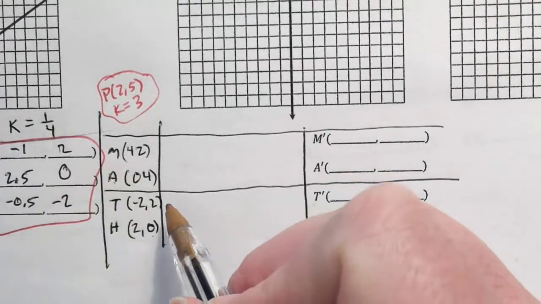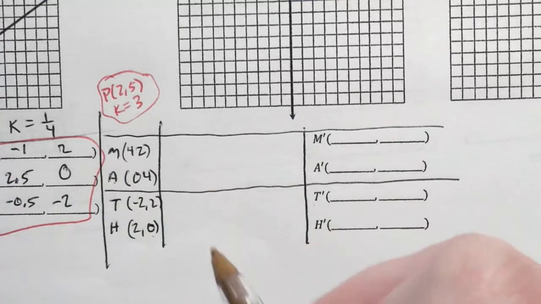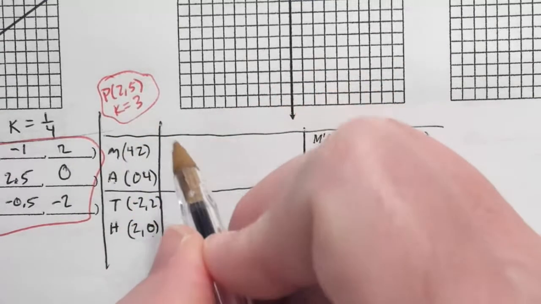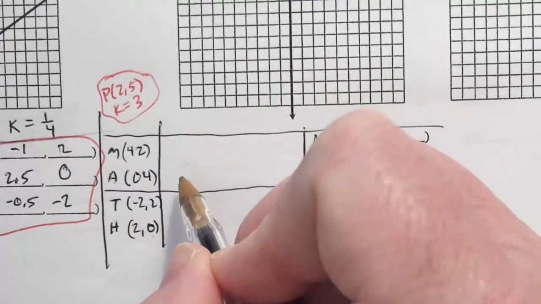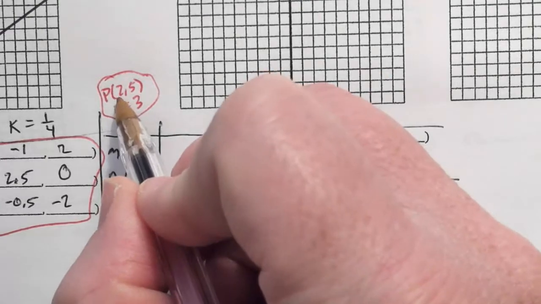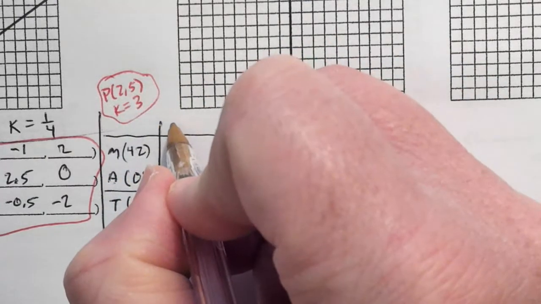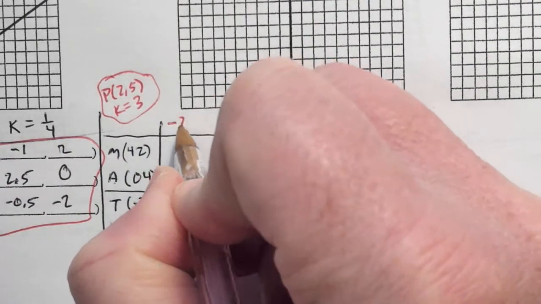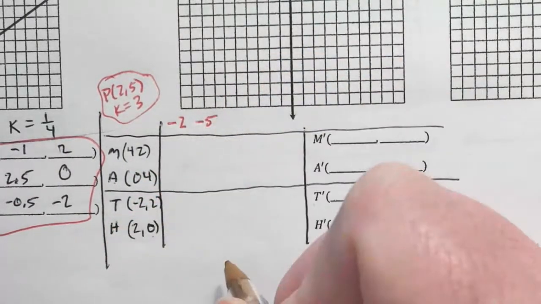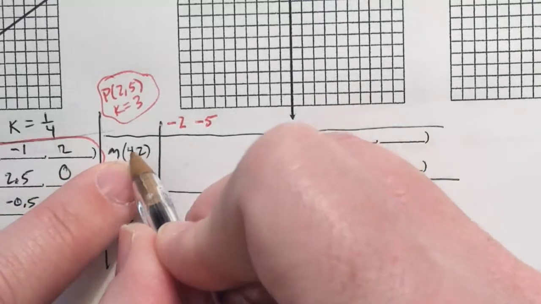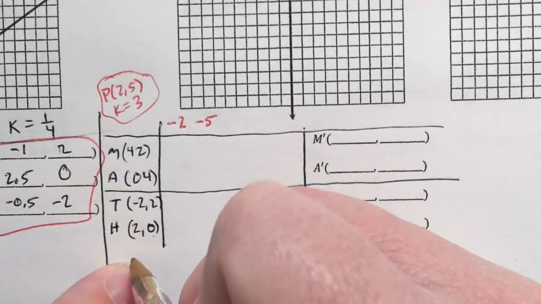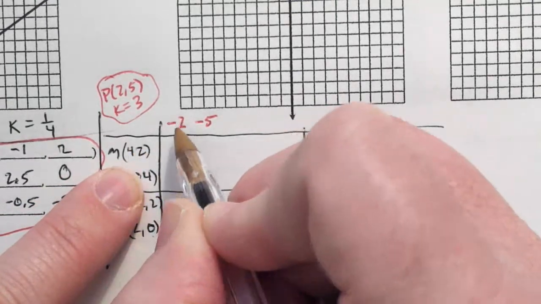The first step you need to do is undo your center. So what's the opposite of a positive 2 and a positive 5? That means we're going to subtract 2 and subtract 5. We're going to take all of our x's and subtract 2. So 4 minus 2.